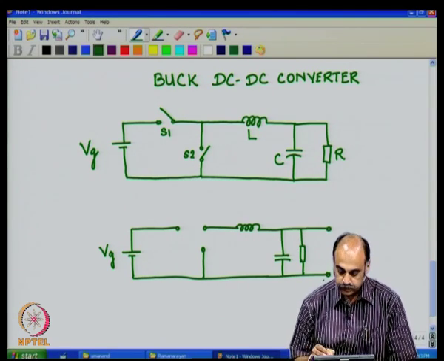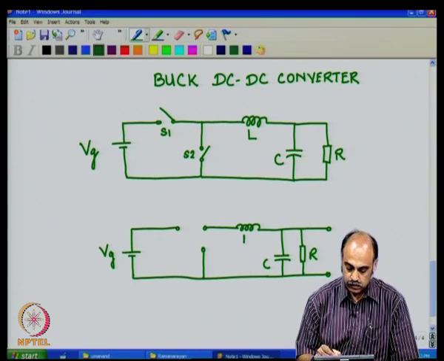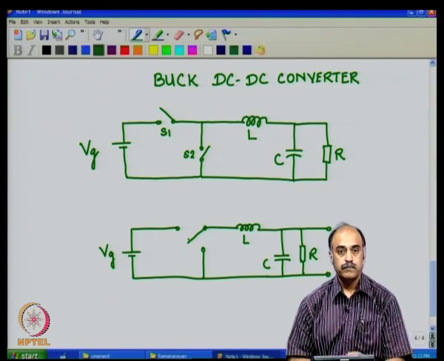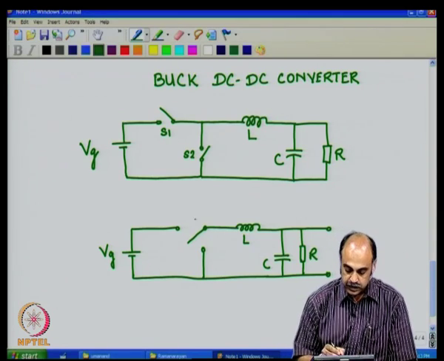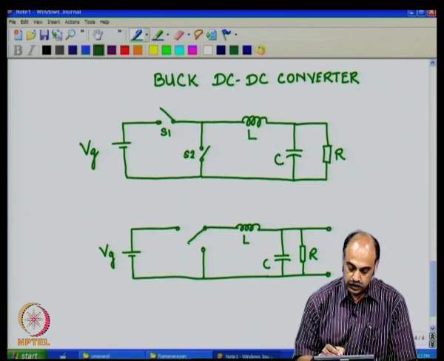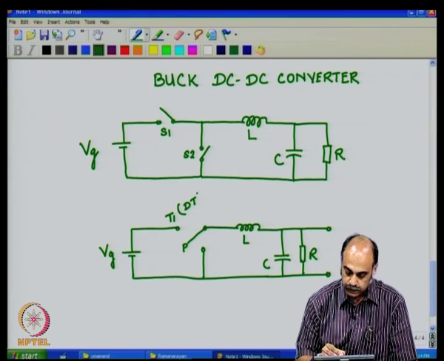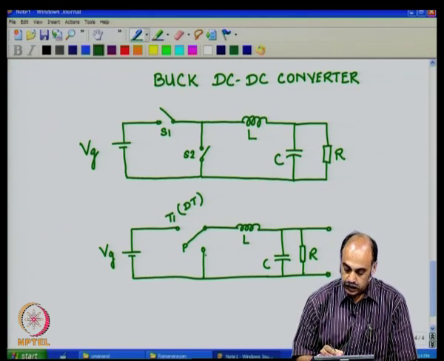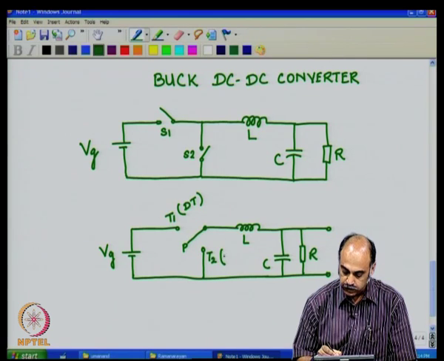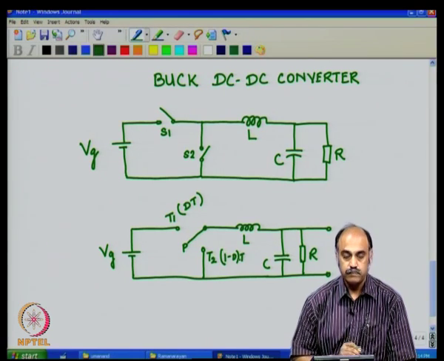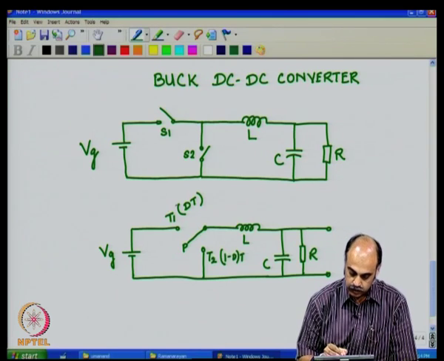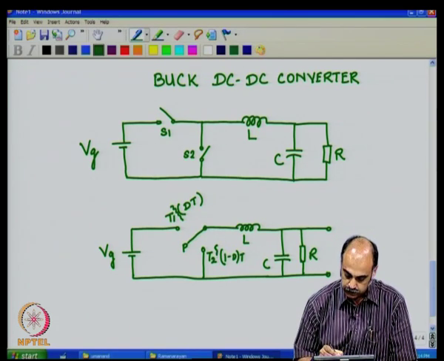So, this is a representation that one would start with, a single pole double throw switch, where the switch pole is placed at throw 1 for a period of time dT and placed at throw 2 for a period of time 1 minus d T. This T and this T are different.